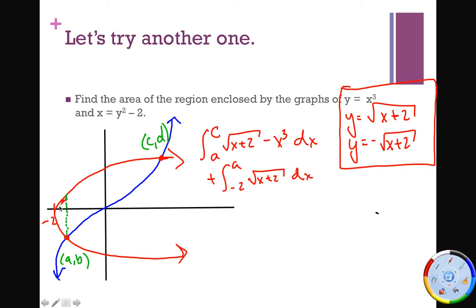Well, that would just give me this little area here, but because this is symmetric, we could actually just double that area and we'd be good.